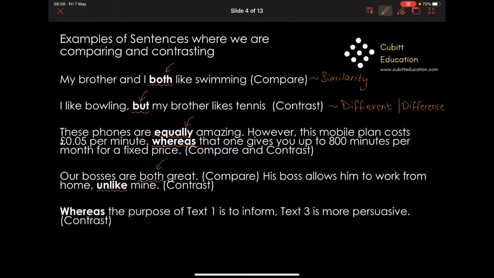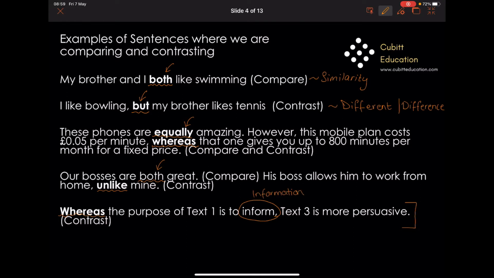Now here's a particularly good one for functional skills and comparing texts. As you probably are aware, in your functional skills exam, you'll be asked to compare two different texts. So here it says, whereas the purpose of text 1 is to inform, text 3 is more persuasive. So it's saying here that text 1 is to give you information.